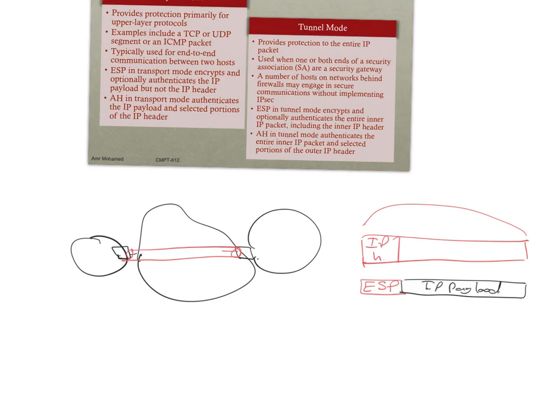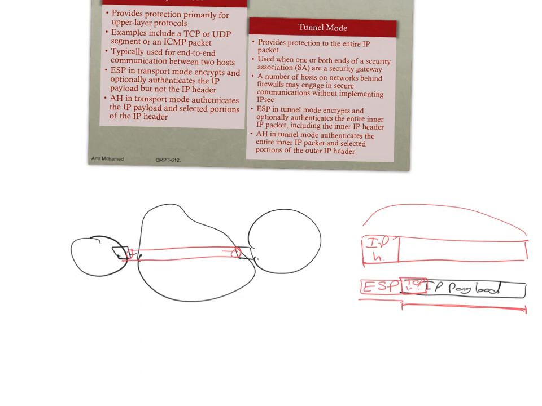So going back to the transport mode, we provide the ESP header, which means that ESP will now encrypt this whole thing, will encrypt the IP payload, which includes, of course, any TCP or any UDP or ICMP or any higher layer protocol header. So it will encrypt the TCP header and the payload.